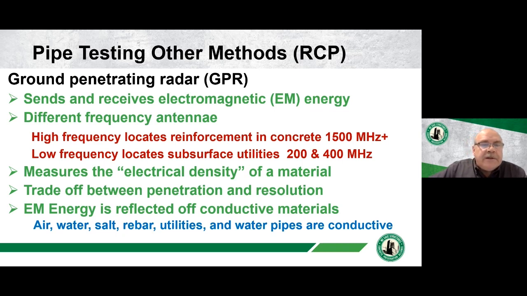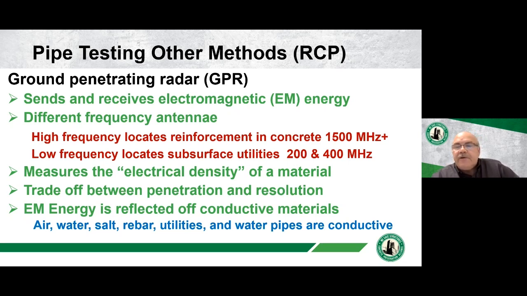The one big takeaway for GPR that I want everybody to remember is that there are different frequency antennas. Some of the higher frequencies, 1500 megahertz, 2700 megahertz, are ideal for locating reinforcing embedded in concrete. Some of the lower frequency GPR is designed and ideal for locating subsurface utilities or anomalies.